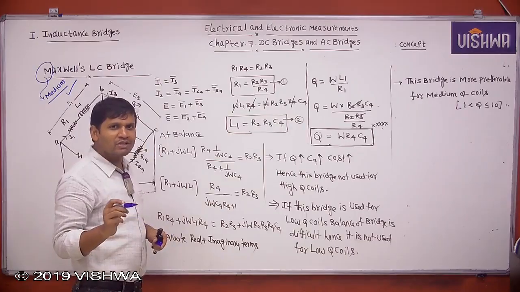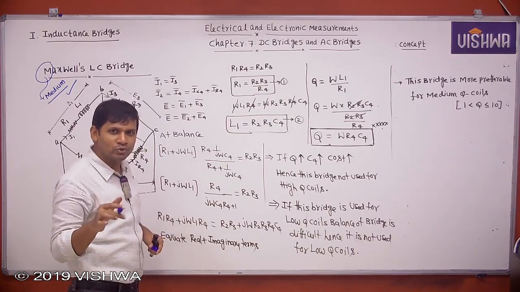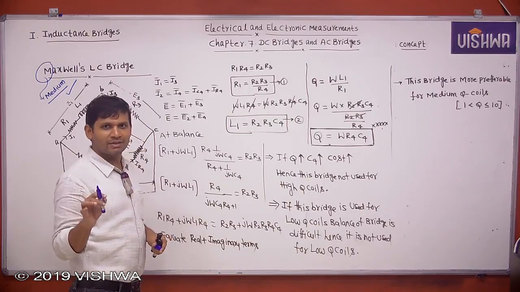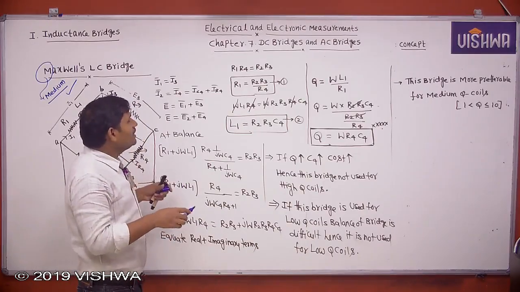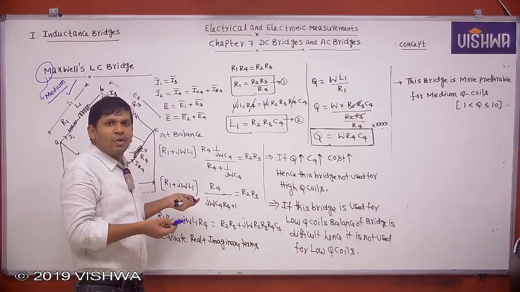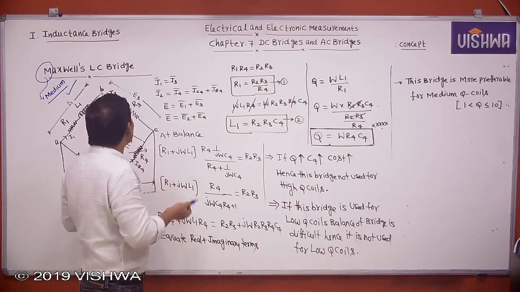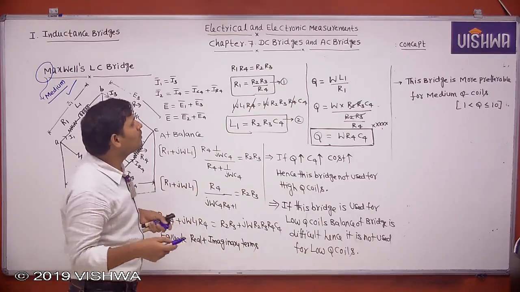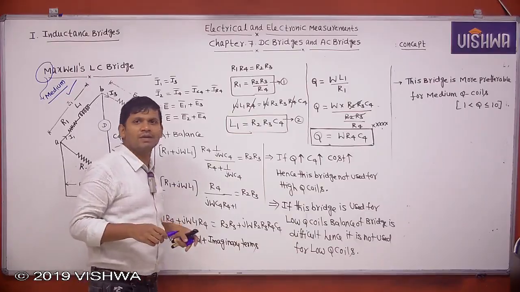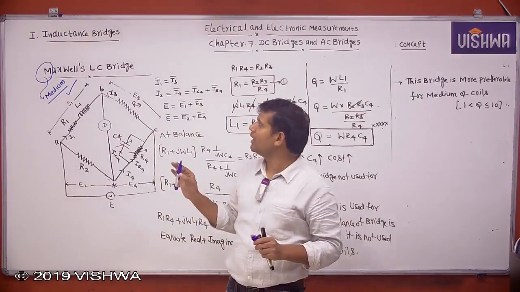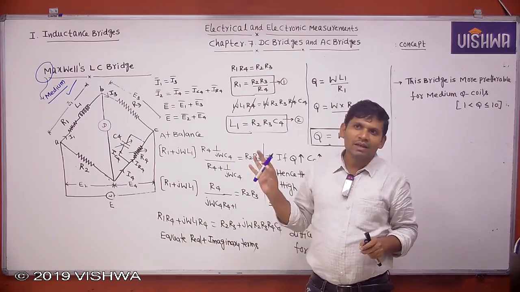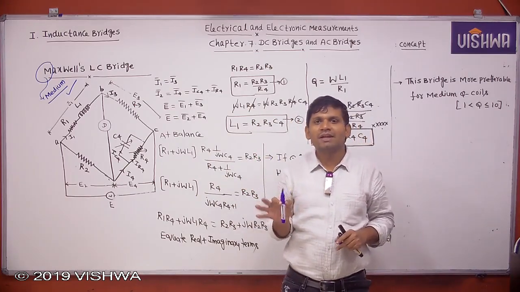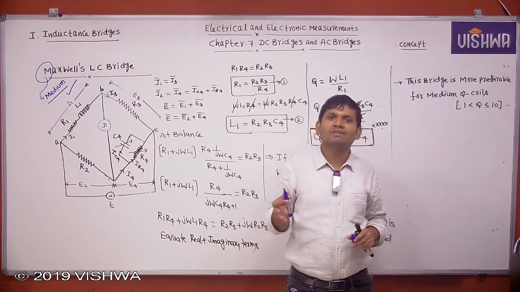I told already, Maxwell's inductance bridge is not used to measure the quality factor because it does not consist of a capacitor. That's why, except that, in the remaining bridges, in Maxwell's LC bridge only M is the starting letter, so we can remember it is used for medium Q coils. Then what is the medium Q coil range? 1 less than Q less than or equal to 10. Okay, this is about Maxwell's inductance bridge and Maxwell's LC bridge.